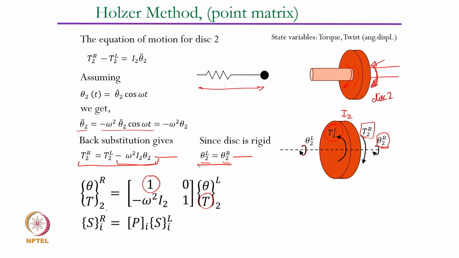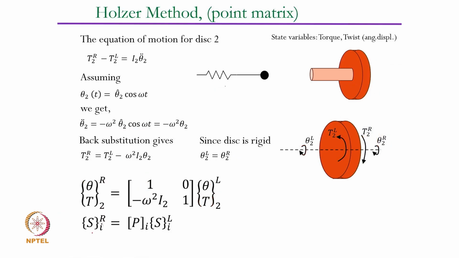So I can write T2R, which is the second value in this vector, equal to minus omega square I2 into theta plus T2L. So that is basically this T2L. You can show that this equation and this equation can be written in matrix form, which is represented here.